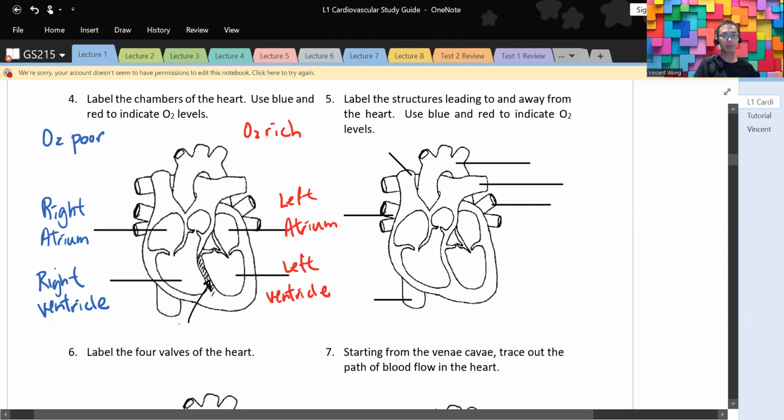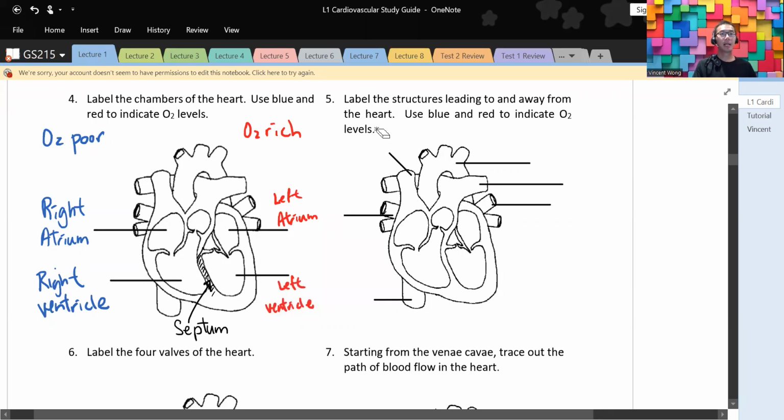That is the septum. We need to separate the oxygen-rich blood from the oxygen-poor blood. If they start mixing, then we will have less oxygen content in the blood that we deliver, and there will be consequences. You might experience fatigue, shortness of breath, and so on. So we don't want that. That's what the septum is for. That's why it's important.